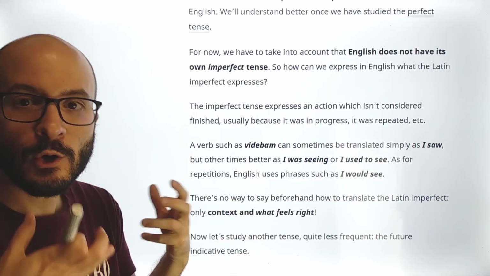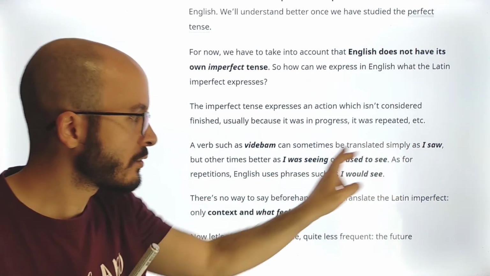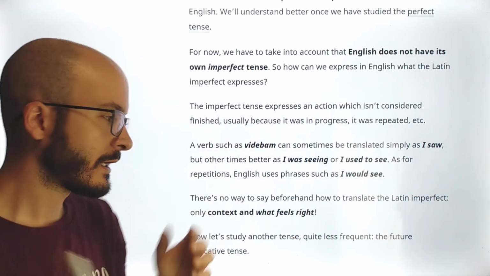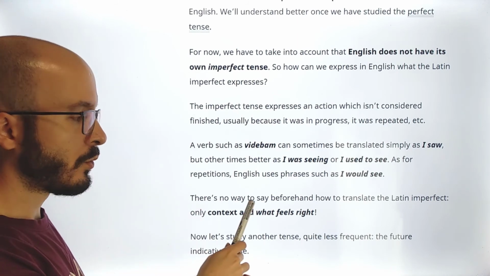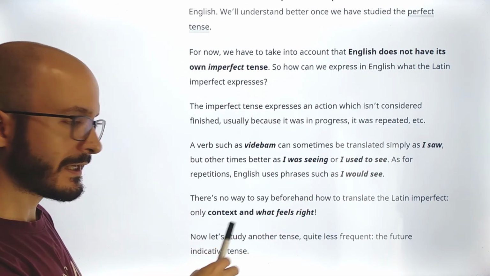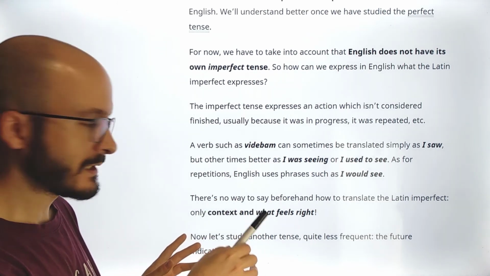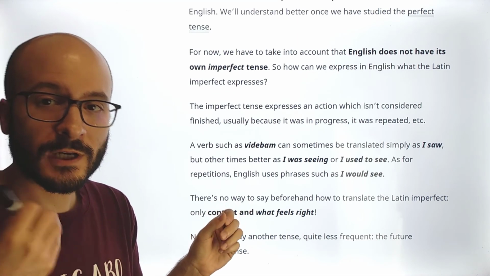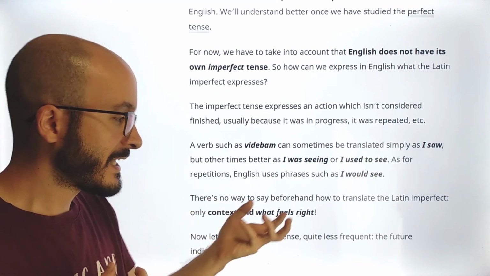So how to know when to choose this or this or this or any other possible way that you can think of? There is no way to say beforehand how to translate the Latin imperfect. Only context and, super important, what feels right. Okay, what feels right, what your gut tells you, that is super important.